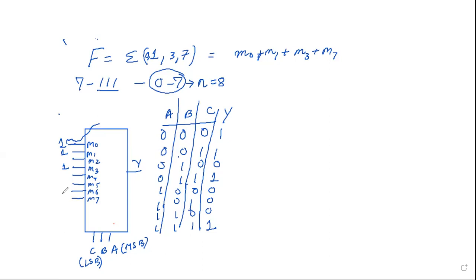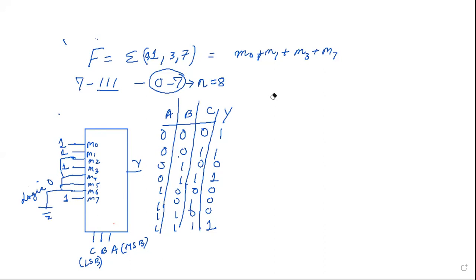So M0, M1, M3 and M7 terms are connected to high, whereas all the other inputs are tied together and connected to ground, or you can say logic 0. Okay, so this is the simple implementation using the multiplexer of the same order as the number of variables required.